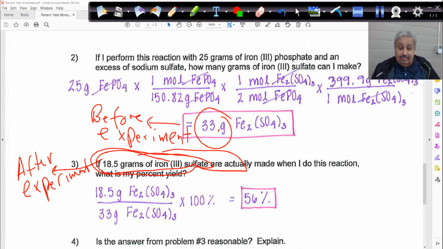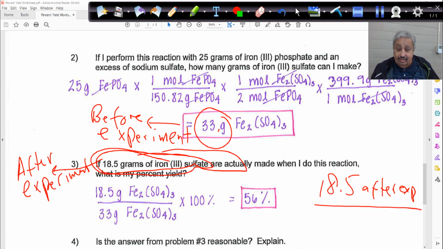So you say, I have 18.5 after the experiment, correct? And I have calculated 33, that's before the experiment. That's theoretical, and this we call the actual, and this is theoretical.